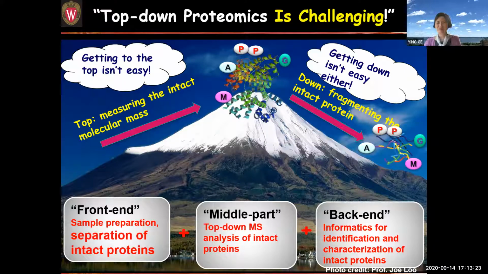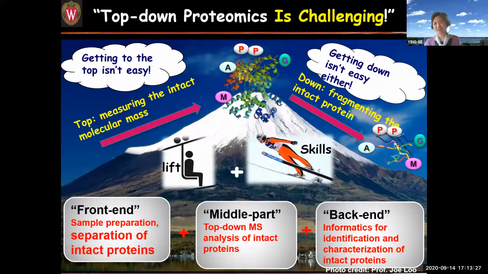So for those who probably ski, what you need to get to the top of the mountain is to get a lift, right? And if you have good skiing skills, you can get down the slope quite easily. So what do we say? The lift means we need to develop tools. We need to develop all kinds of top-down proteomics tools to make it much easier for others to perform top-down experiments.